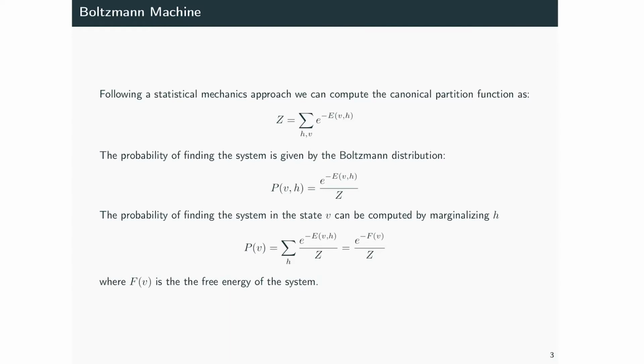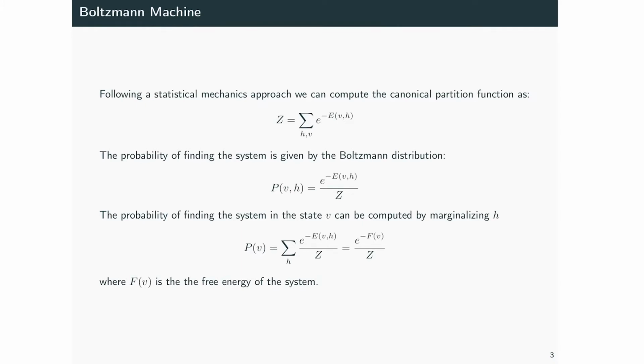And we can find a generic probability of finding a state VH with the classical Boltzmann distribution, which is e to the minus E(V,H) over Z.